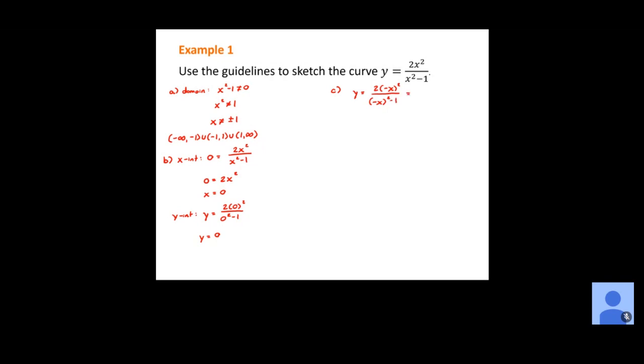All right, so if we simplify that now, what are we going to get? Okay, good. It's going to give us the same function that we started with because squaring those negatives just gives us 2 positive x squared. And we get a positive x squared minus 1. That means this is an even function since it's the same thing we started with. So what does that tell us in terms of symmetry then?